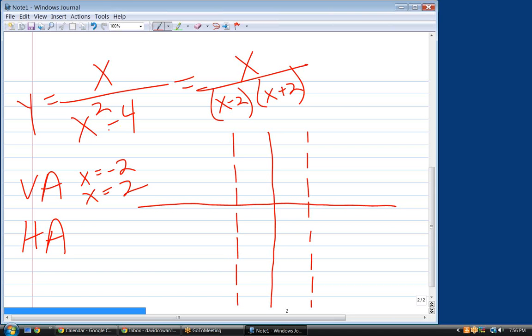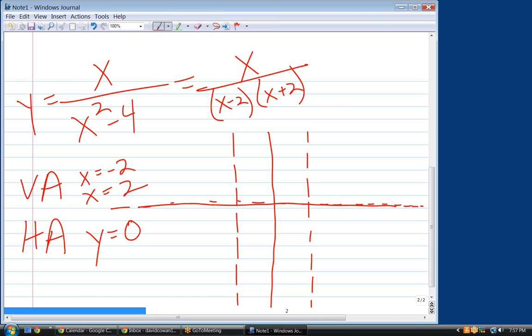The highest degree in the denominator is x squared. The highest degree in the numerator is x. When that happens, you have a horizontal asymptote of y equals 0, which is the equation of a horizontal line.